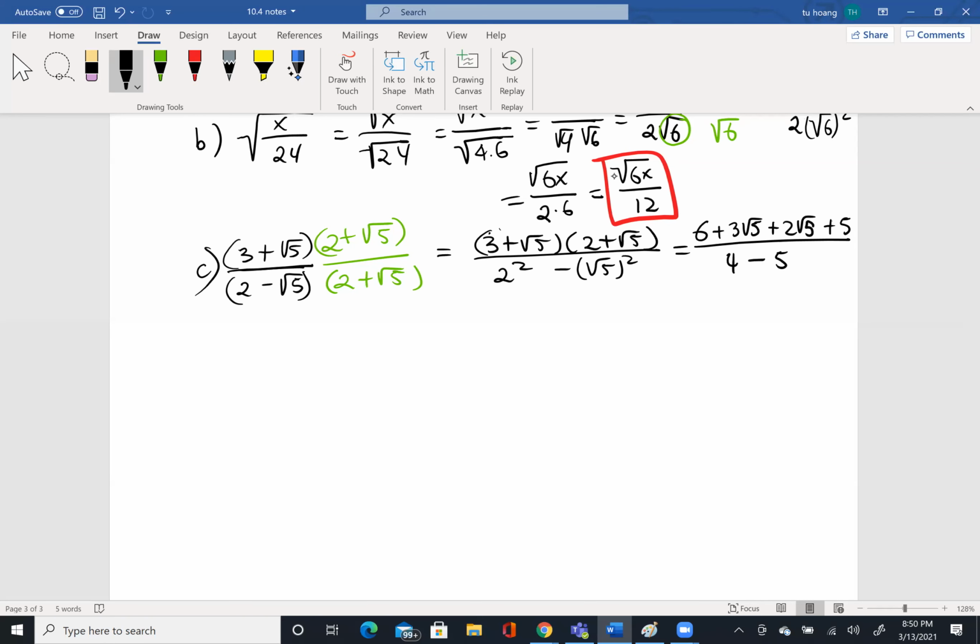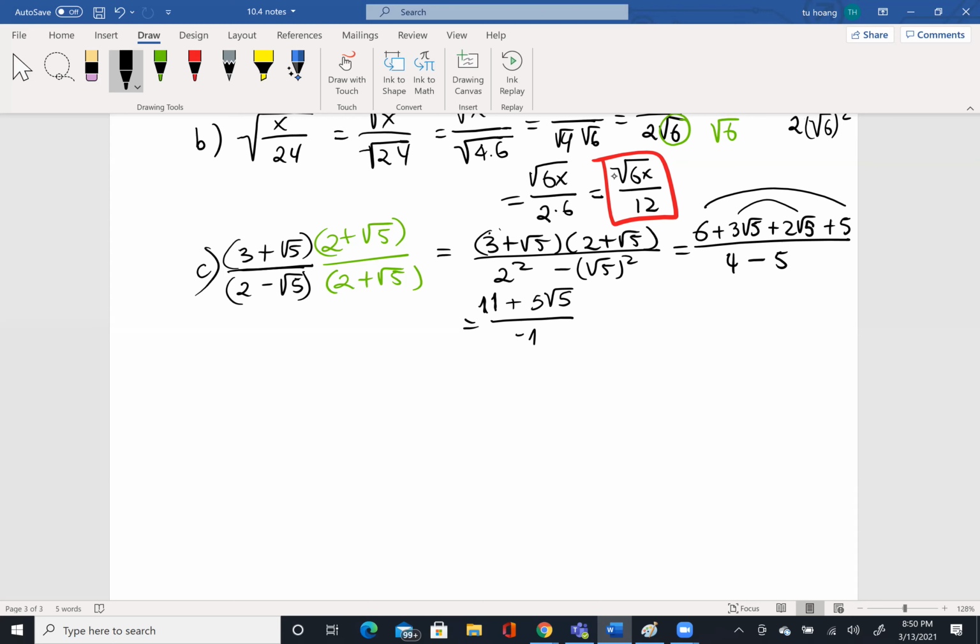And now, combine like terms: 6 with 5 becomes 11. 3 square root 5 plus 2 square root 5 is going to be 5 square root 5, like 3 apples plus 2 apples, 5 apples. 4 minus 5 is -1.